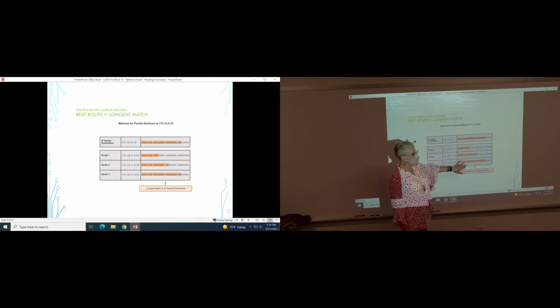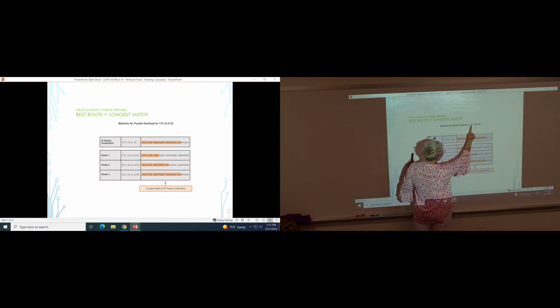So we don't really need to bit out the first octet because we can see that they all match. Now the second octet, notice here this is a 12. So what octet do we need to be thinking about? The second octet. So I would start my bitting in the second octet, and we just want to highlight how far these bits go.